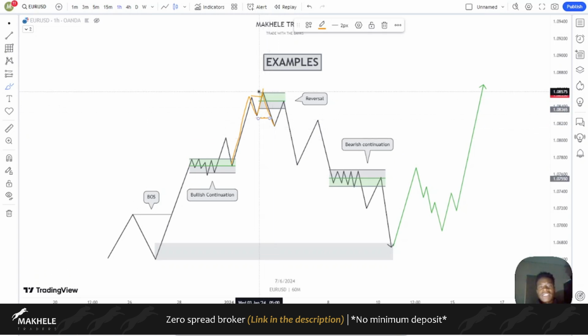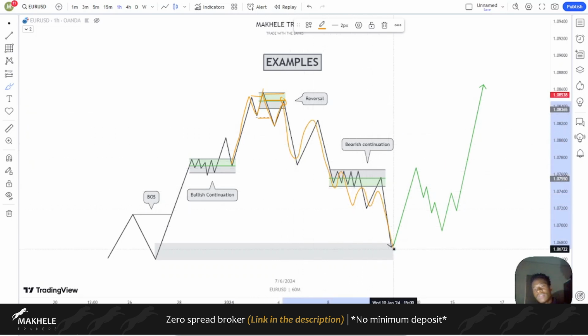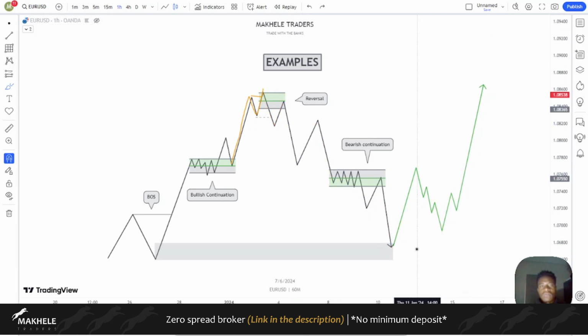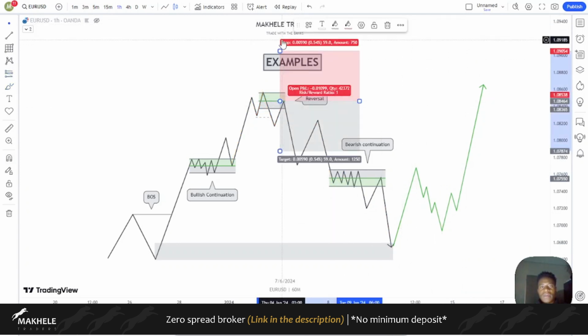So after a change of character, we now know price has generated a supply zone somewhere around here. So we can look for entries to play this pullback to this demand zone before price continues to the upside. So we can look for selling positions here.